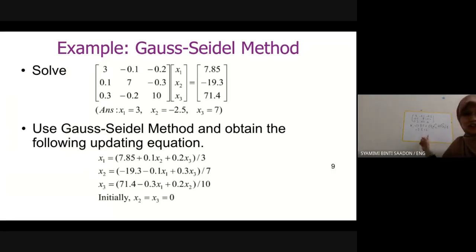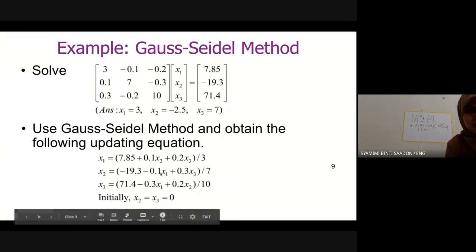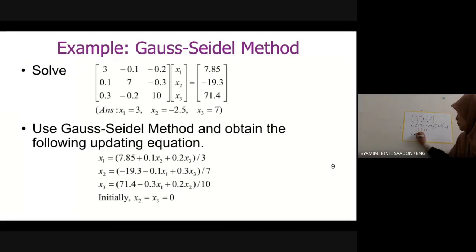So this one is 2.616 that you get, and x3 is 0, so you get x2 as minus 2.794. Three or four digits after the decimal point is enough.